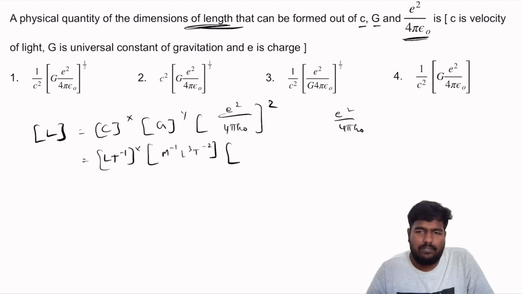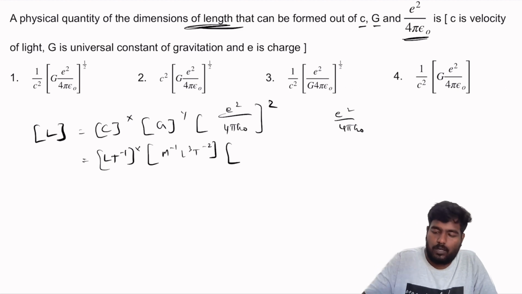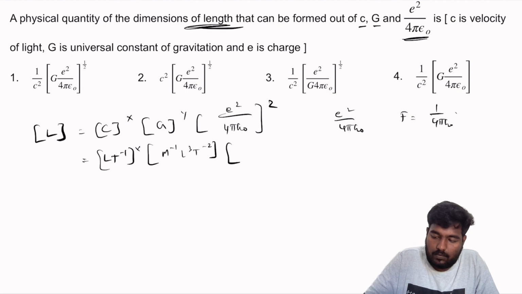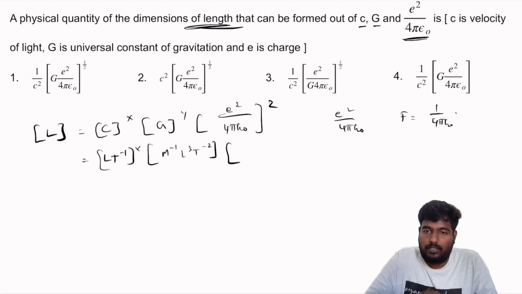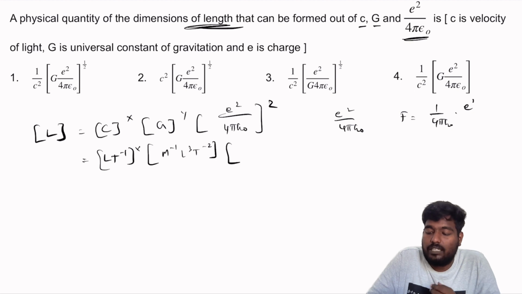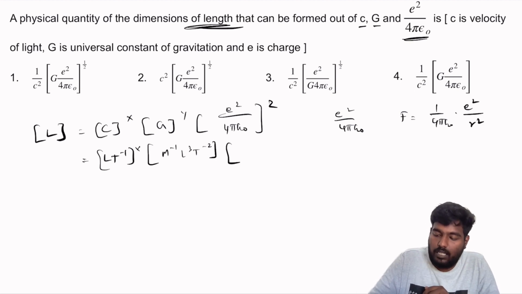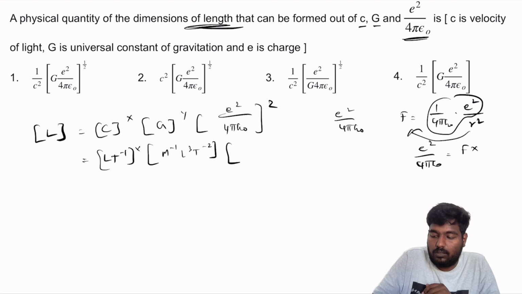Okay, here we can see Coulomb's force formula. Force is 1 by 4 pi epsilon naught q1 q2. Let's put that for electron, so e1 and e2, so e square divided by r square. I want only e square by 4 pi epsilon naught here, so I move this r square, so F into r square.